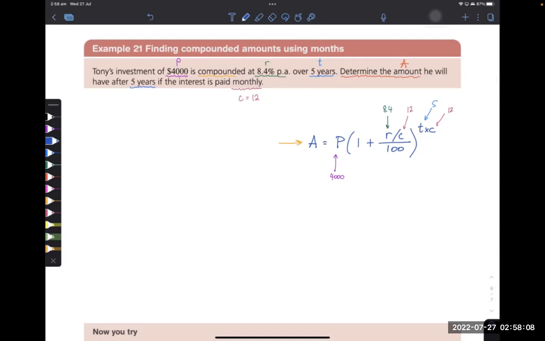We have the formula first, which is A equals, and don't be afraid to write it again. The more you write it, the more you'll remember it, and you'll be able to recognize it as well. So this is a compound interest formula. In our next step, we substitute.